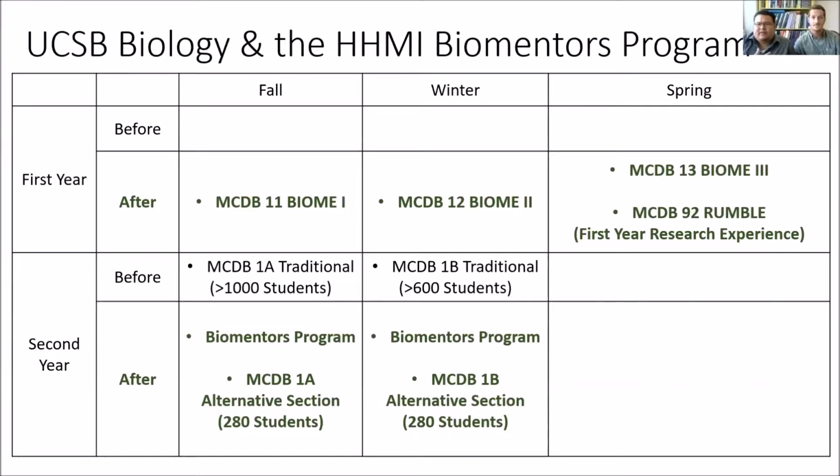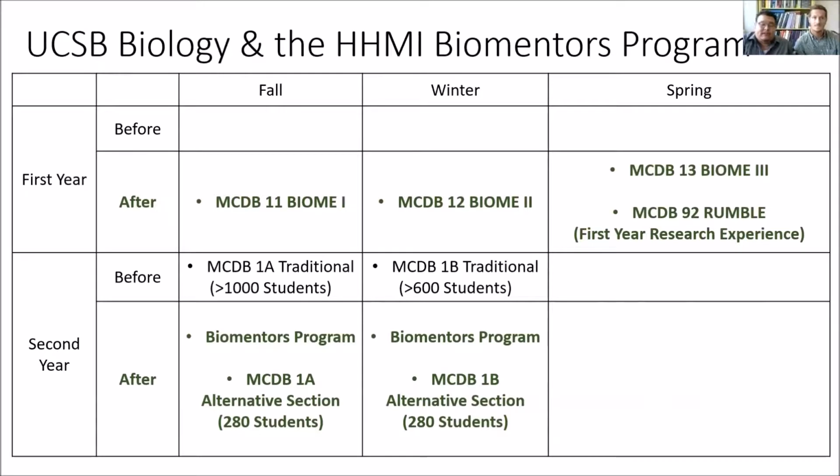So there's no real biology for first year students. However, after the program was instituted, we created this class called Biome 1, which we're going to address in just a second, as well as a CURE, one of these course-based research experiences for undergrads, called Rumble, and we're also going to talk about it.